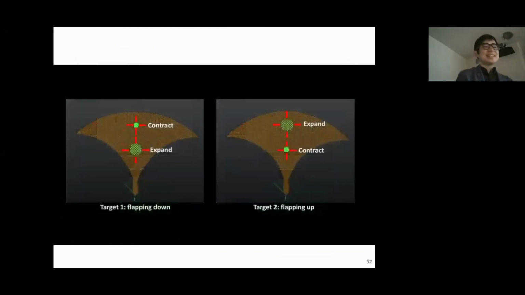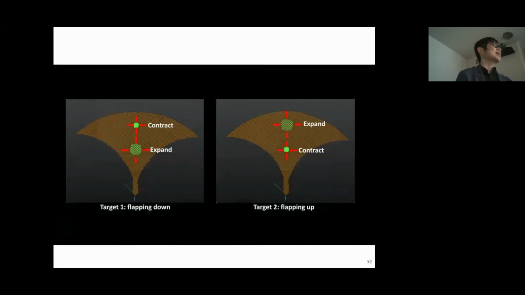And this is another conceptual example. We haven't succeeded in a real experiment yet, but the idea is we want to control some complicated soft body locomotion with a very small number of degrees of freedom, a very small number of inputs.